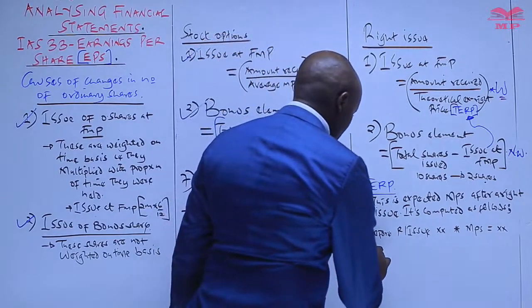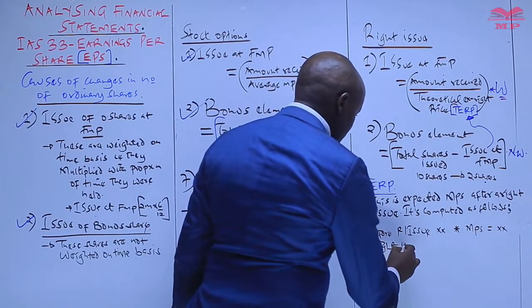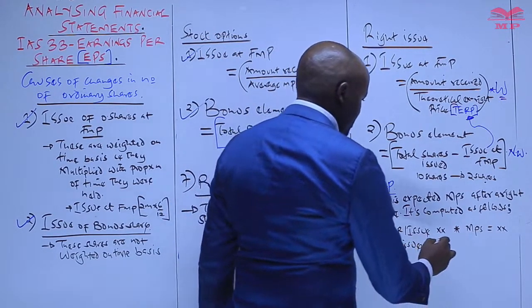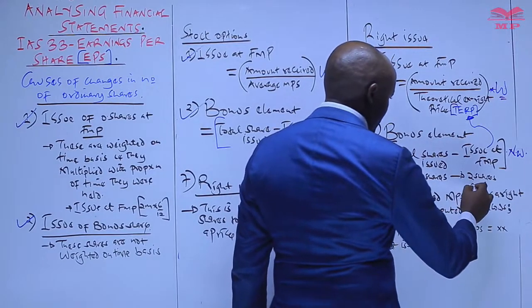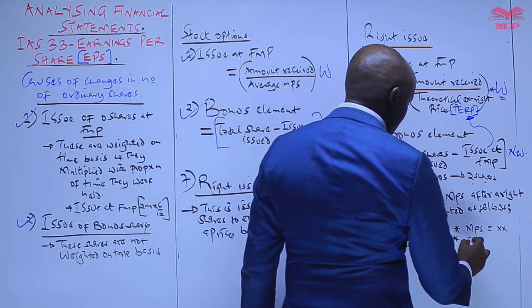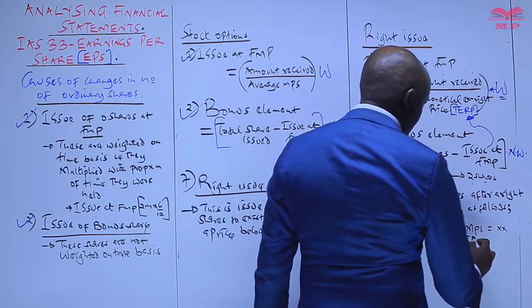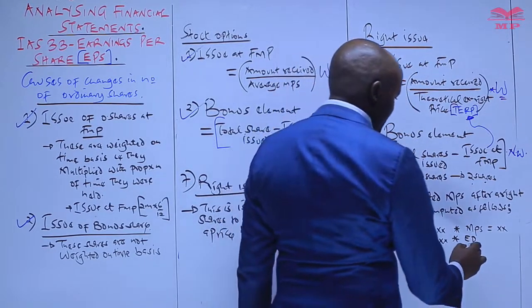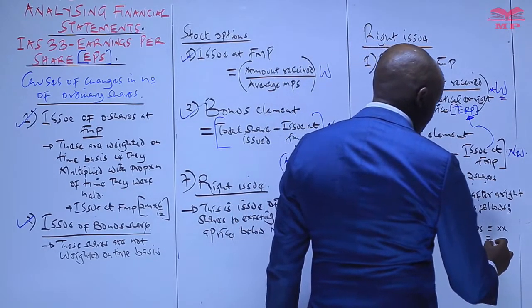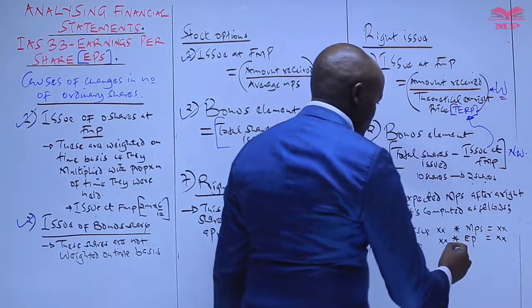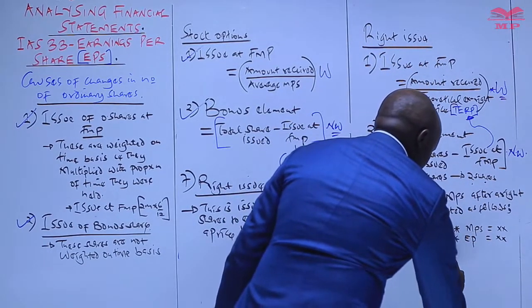And then you take the shares which were issued during the right issue, like in this case, there were 2. Those shares were issued at a price of how much? That price we refer to as the exercise price, EP. So multiply the 2 by the EP.